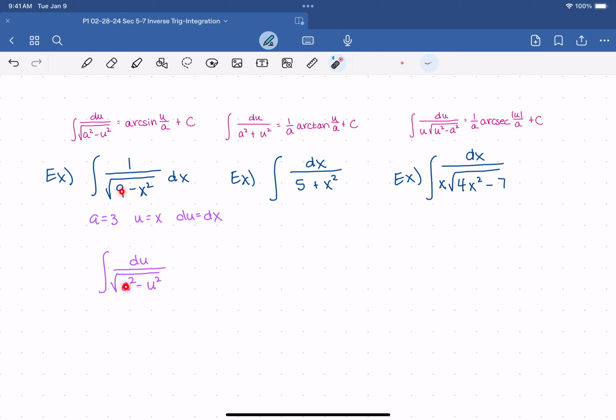So 9 is a squared, x squared is u squared. Hey, look, it's a perfect match for our formula. So now we know the answer is going to look like arcsine u over a plus c. Substituting in, u is x, a is 3. There's our answer.